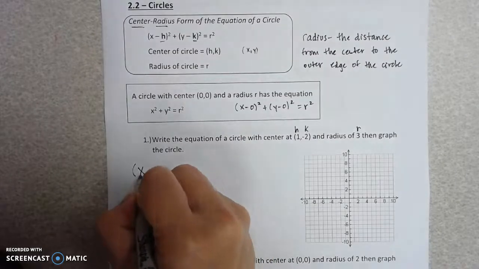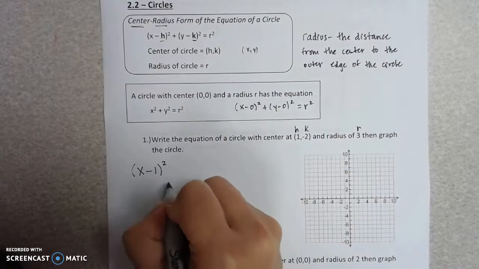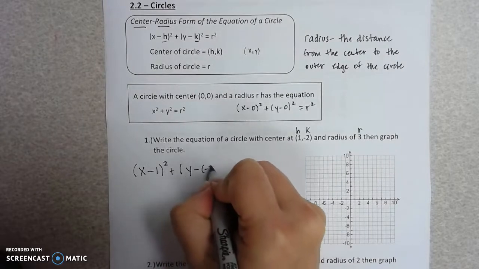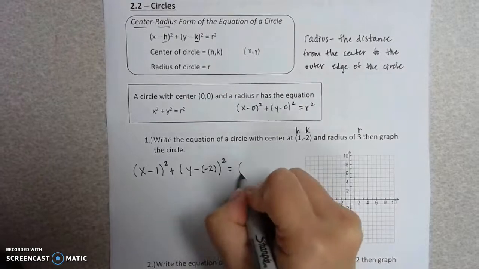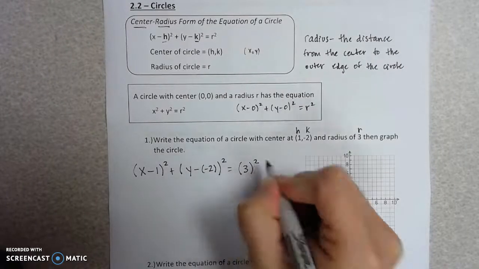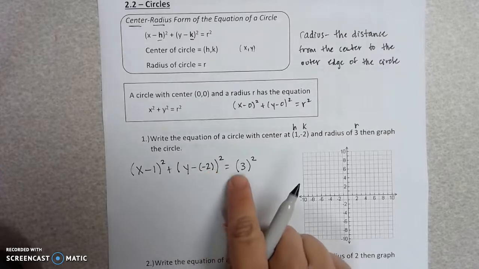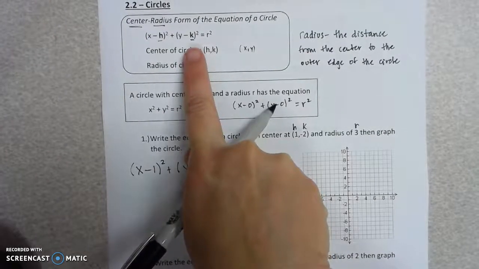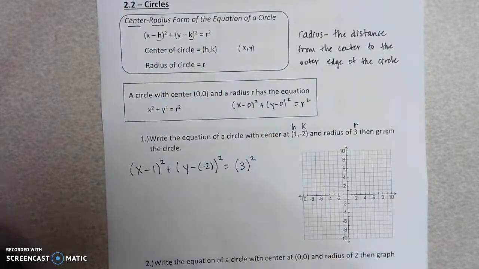So we'll have x minus 1 squared plus y minus negative 2 squared equals r squared. So I simply filled in my h, k, and r into the form.